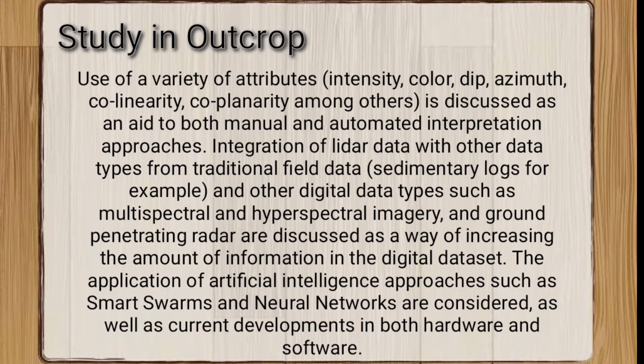Integration of LiDAR data with other data types, from traditional field data such as sedimentary logs, to other digital types such as multispectral and hyperspectral imagery and ground-penetrating radar, is discussed as a way of increasing the amount of information in the digital dataset.